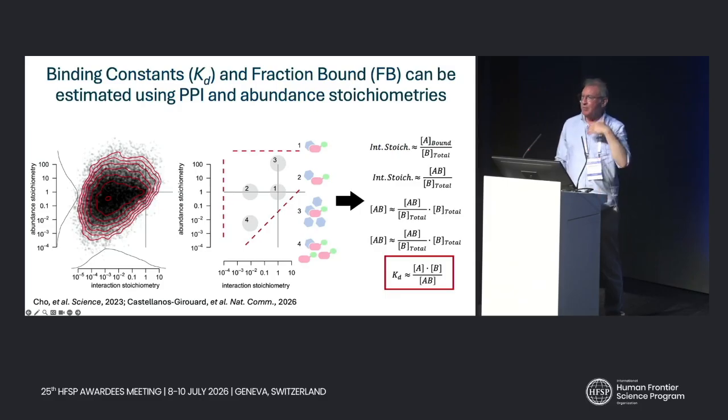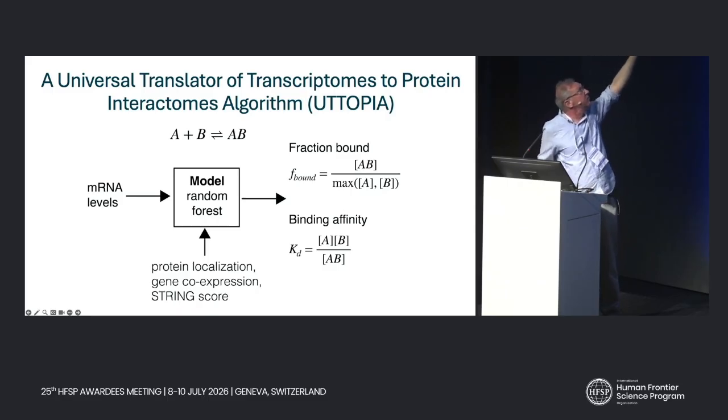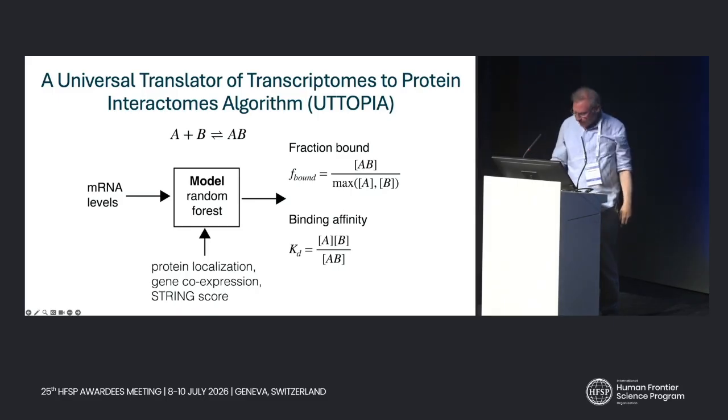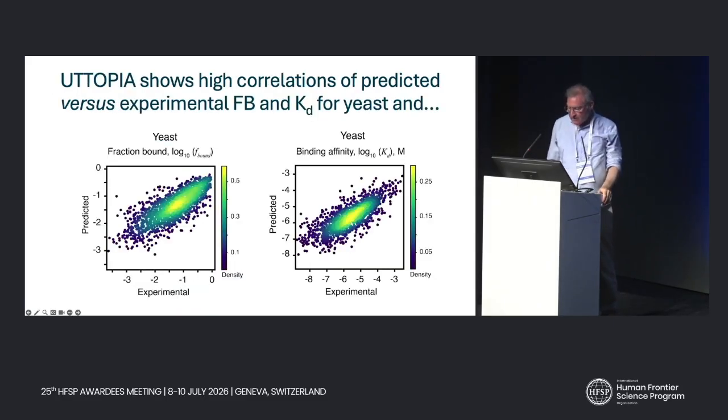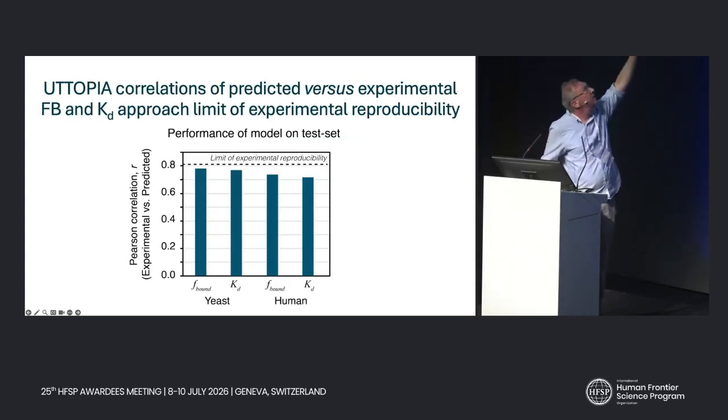Okay, so we're able to calculate KDs from these data, and we used a very simple random forest model containing a set of additional features, including mRNA levels, protein localization, gene expression, gene co-expression, and STRING scores. And these are the results we got for yeast, for both fraction bound and for binding affinity, prediction versus experiment. And these are the results for human. This is a summary.